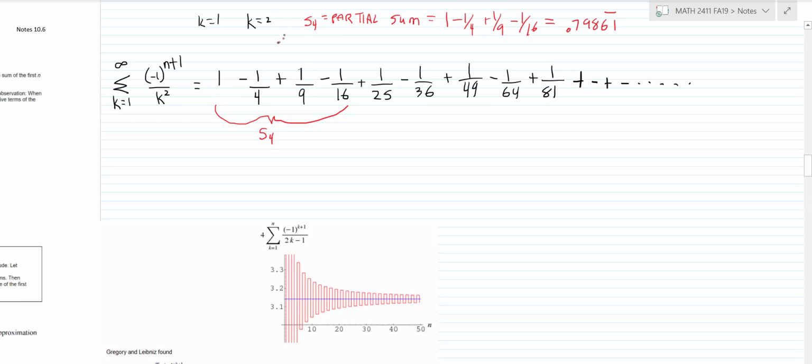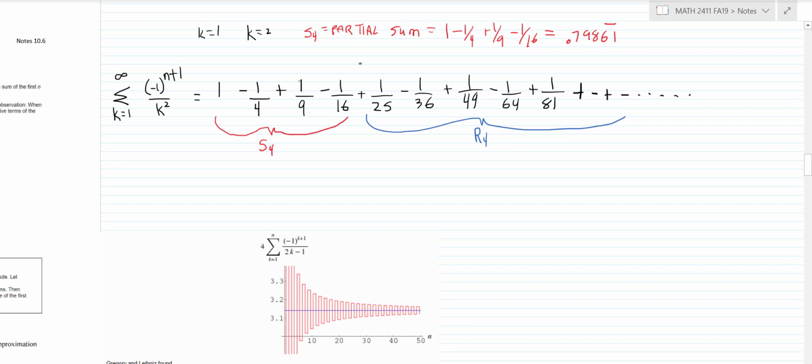So now the next thing I want to kind of point your attention to is this. This part right here would be what's left over in the infinite series. We call that R of 4, all right? So what we would get is R of 4 is the remaining term. So we call that the remainder of your series. And that sum would just be, and of course we can't really do that, but we would have 1/25 minus 1 over 36.